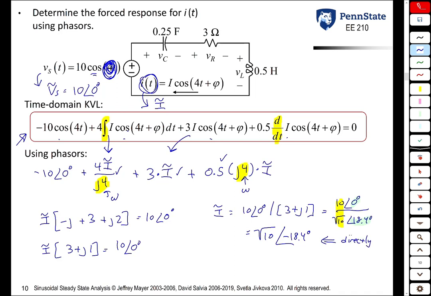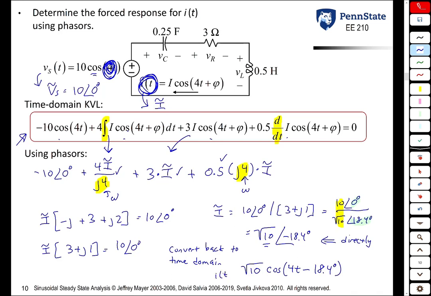We're not quite done yet because we were not asked to find I tilde, we were asked to find I of t. But the last step is trivial. To go back from the phasor domain to the time domain, all that you need to do is take the magnitude of the complex number, that becomes the magnitude, times the cosine of omega t, we know omega was 4, plus the phase angle, which is negative 18.4 degrees.